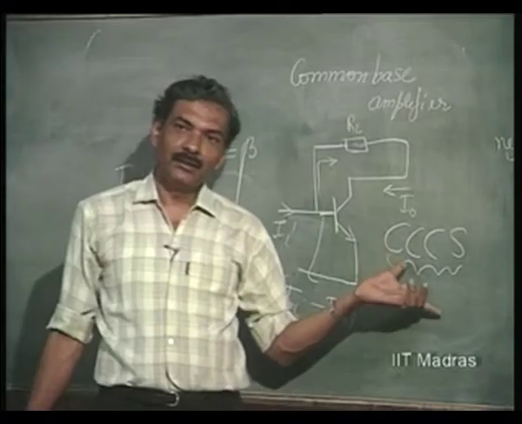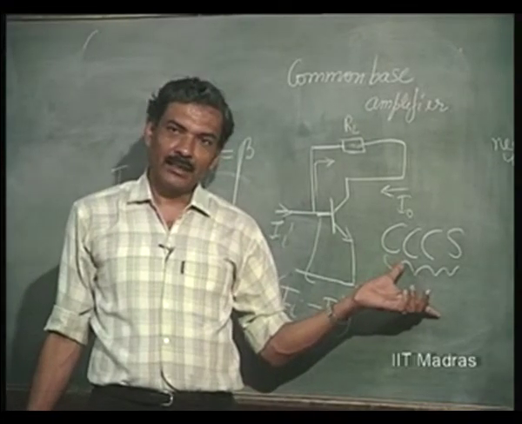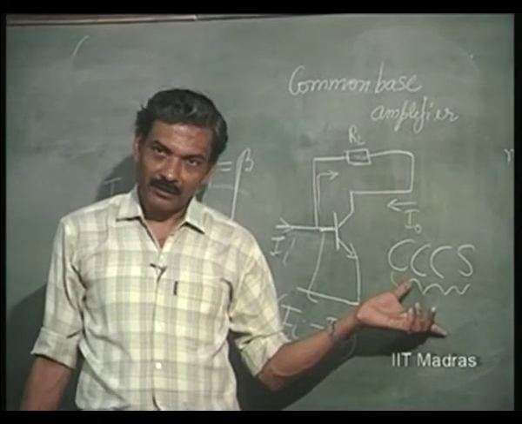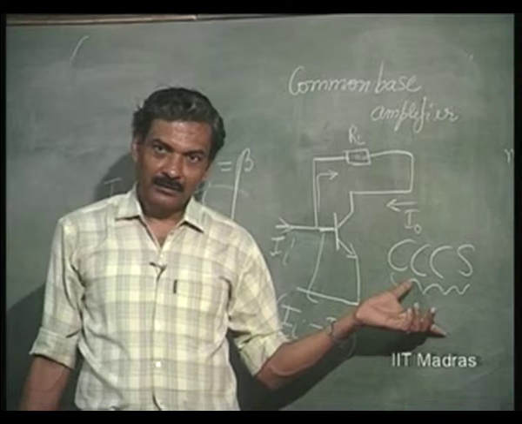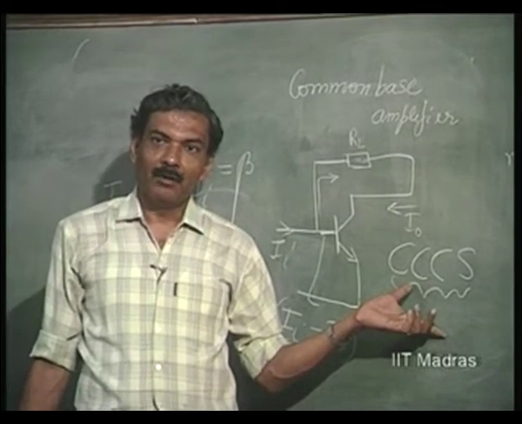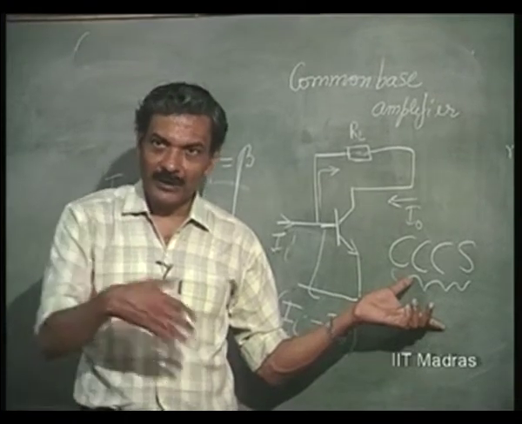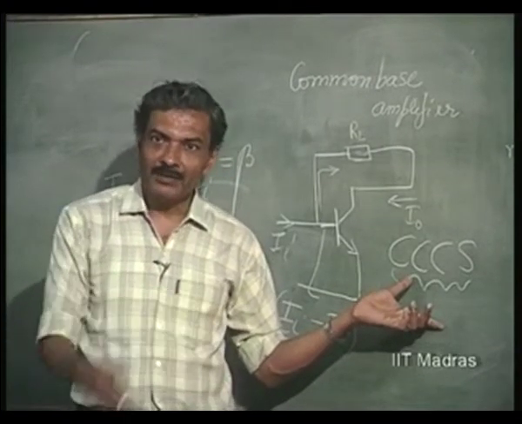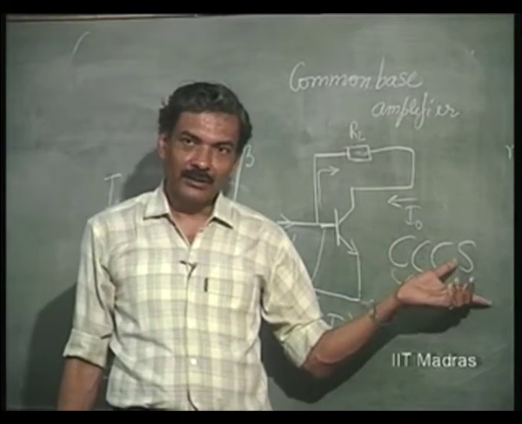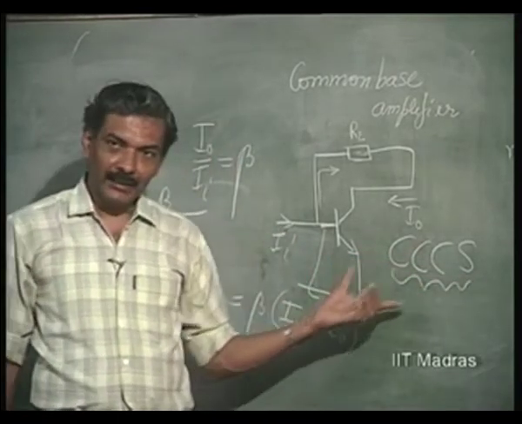This we have realized a common base amplifier which is called a current follower, you can call it, okay, or it can be used for current buffer stages. Instead of voltage buffer stages, you can have current buffer stages, right. So, current controlled current source with unity gain.